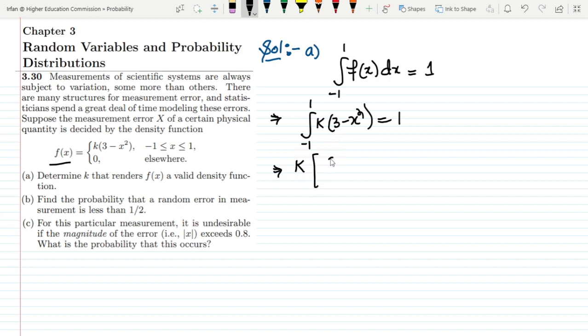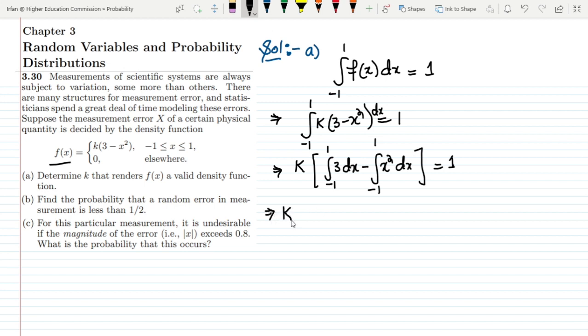Similarly, here I will have the integral from -1 to 1 of 3 dx, and here also we must have minus the integral from -1 to 1 of x² dx, and it must give me 1. Now let me simplify it.